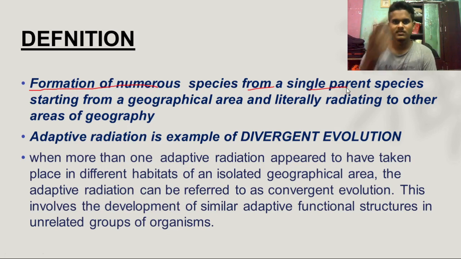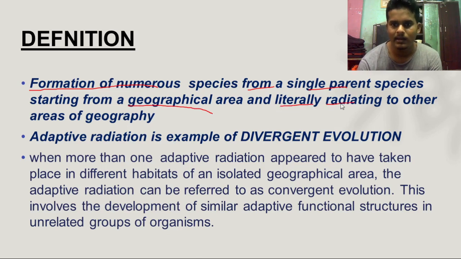This is the same as the Darwin finches, right? Previously we discussed a single parent species starting from a geographical area and literally radiating to other areas. From the parent population it gets diversified and adapted to the situation.